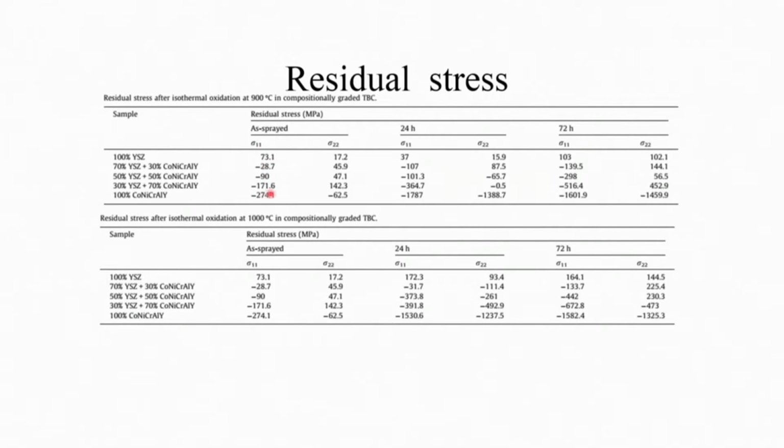On the other hand, as we go on increasing the metallic content of the coating, the residual stress value changes from tensile to compressive. So, metallic incorporation also helps in reducing the residual stress level, and not only reducing the stress level, but also changing the stress value from tensile to compressive.